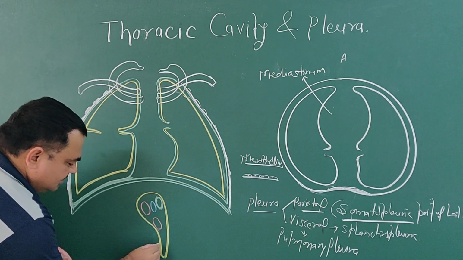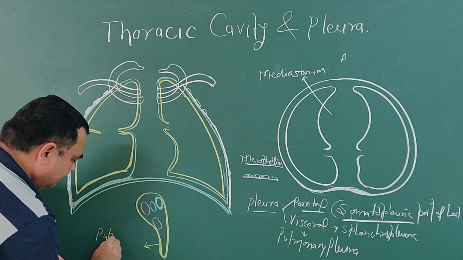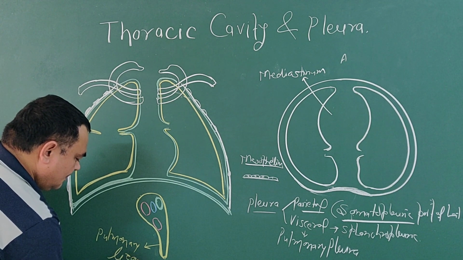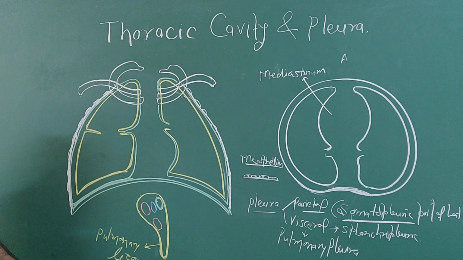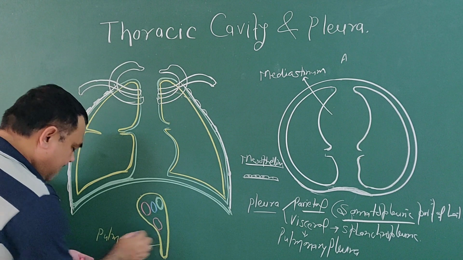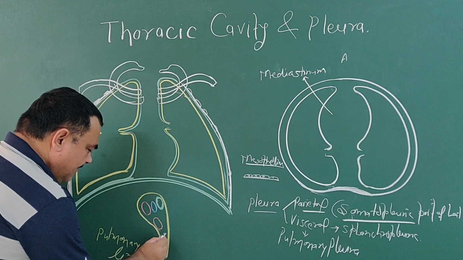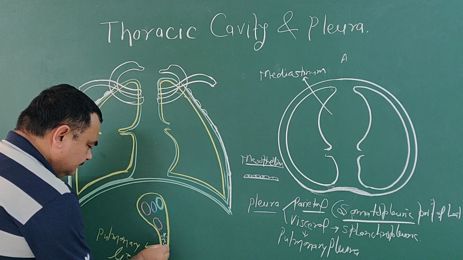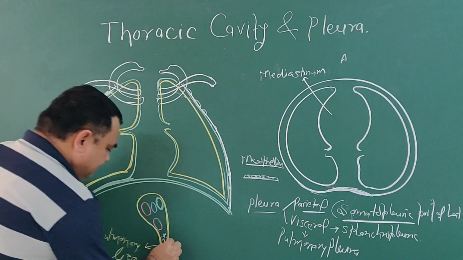This portion is known as the pulmonary ligament. Here you can see loose connective tissue and lymphatics are present. It provides some space.